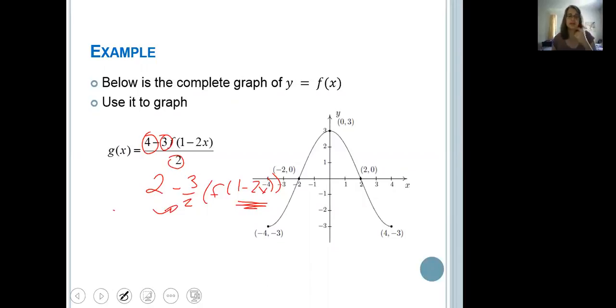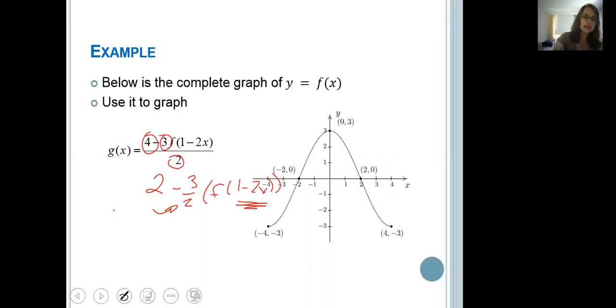So now what do we have going on? We've got a horizontal shift of 1 unit to the left, a horizontal stretch of -2, a vertical stretch of -3/2, and a vertical shift of +2.